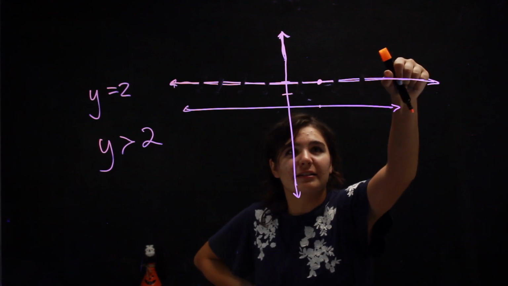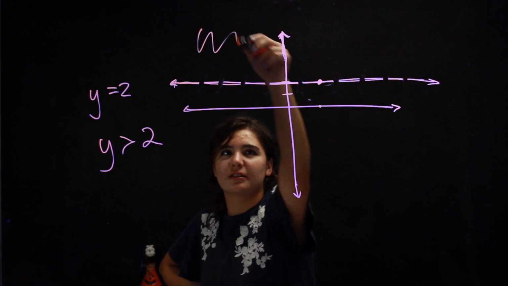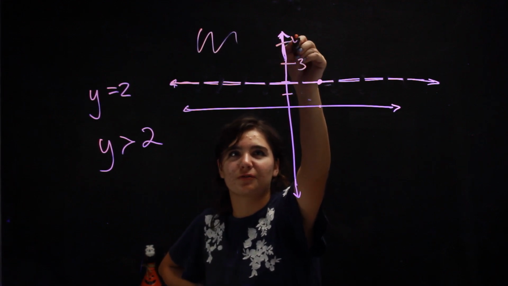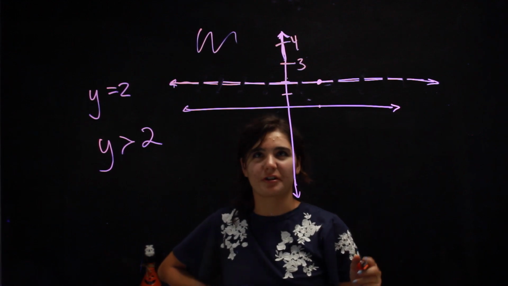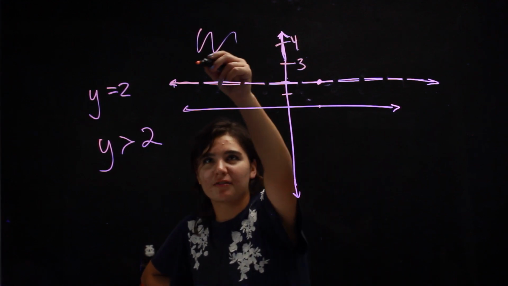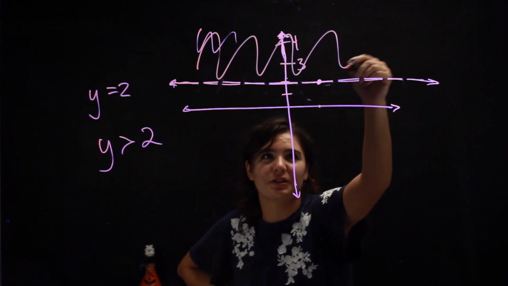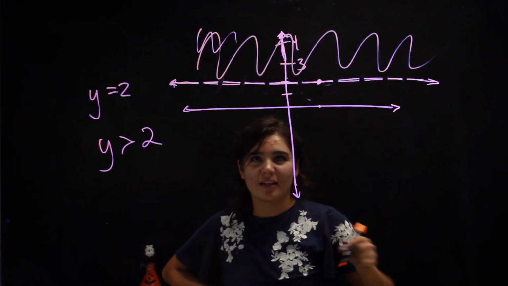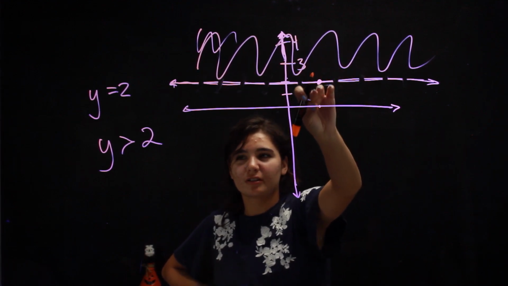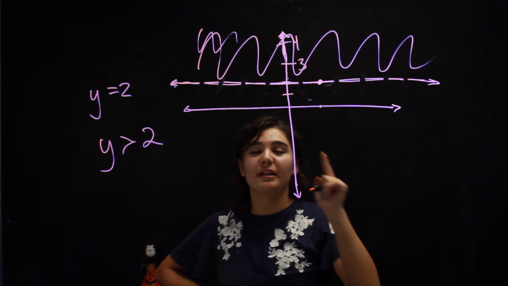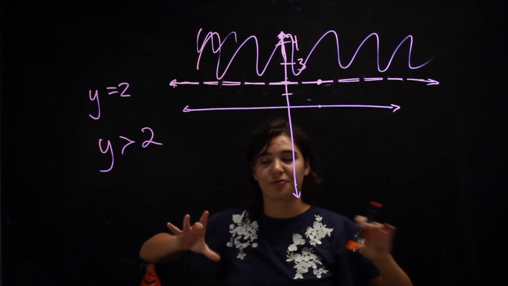And then all the numbers that are greater than 2 are up here, right? This is 3, 4, a googol's up there, here's 2.1. That's all the numbers that are greater than 2. So all we have to do now is color in, or draw a squiggly line over here, to represent that this data set is all y is greater than 2, but not y is equal to 2, which is why we drew the dashed line, just to show that that's the boundary.